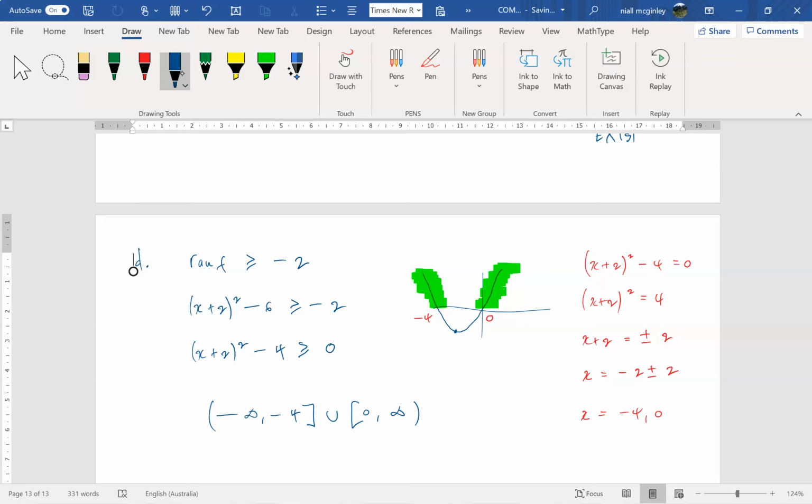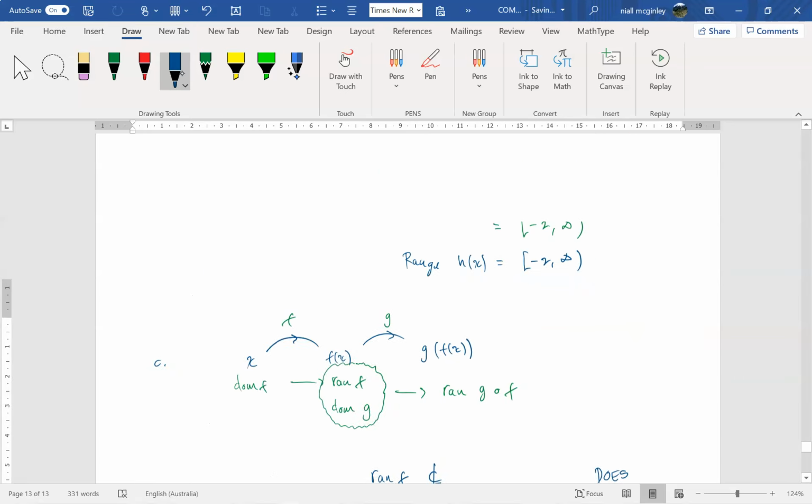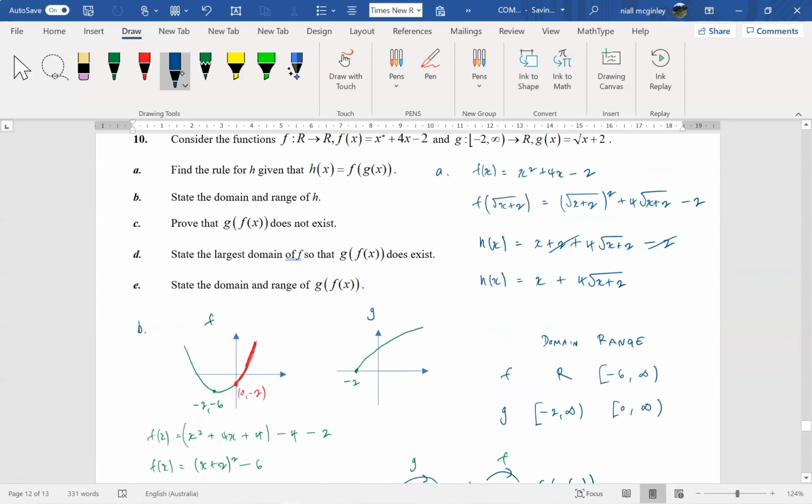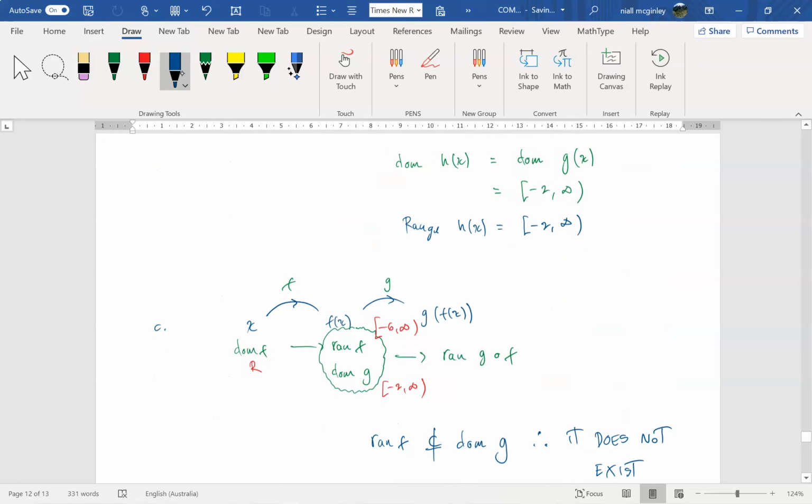So your domain is going to change to that. By restricting the domain of the first part of the composite function to these values, you stop getting out the values that are stopping the second part of the function working. So that'll be the domain of g of f of x. So what we want to do now is work out what the domain and the range is.